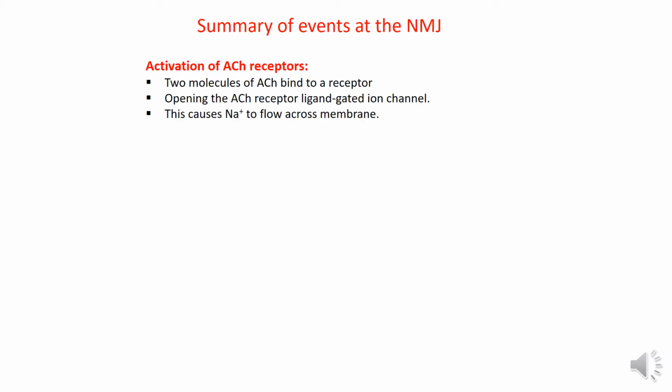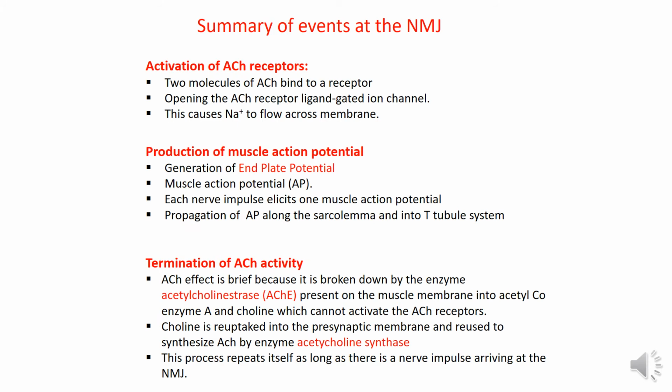Summary of the events at the neuromuscular junction. Number 1, activation of the acetylcholine receptor. Two molecules of acetylcholine bind to a receptor. Opening of the acetylcholine receptor ligand-gated ion channels causes sodium to flow across the membrane, and this is the action of acetylcholine through the cholinergic nicotinic receptors.